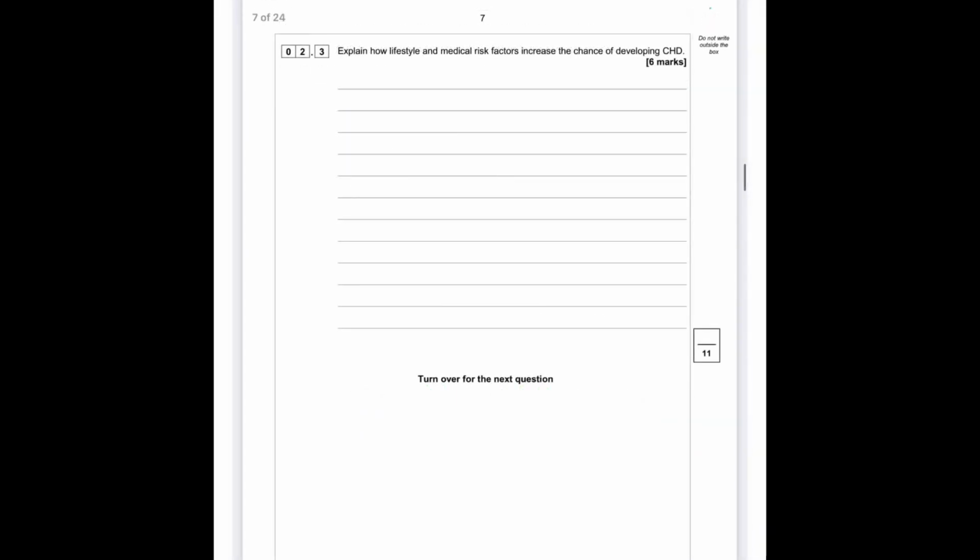In this question, we need to explain how lifestyle and medical risk factors increase the chance of developing CHD, and it's a 6-mark question, so we need to be linking lifestyles and the medical risk factors together.